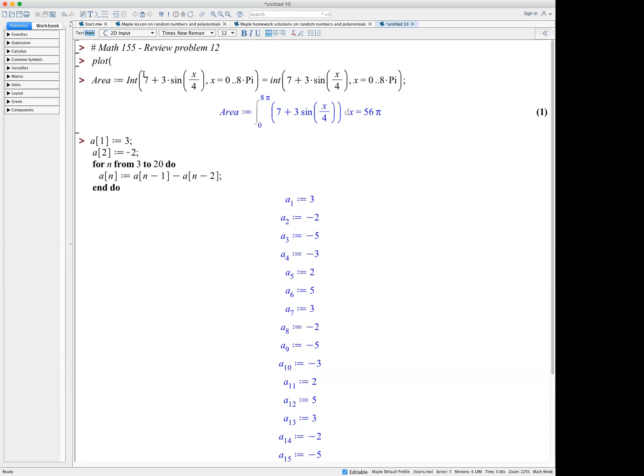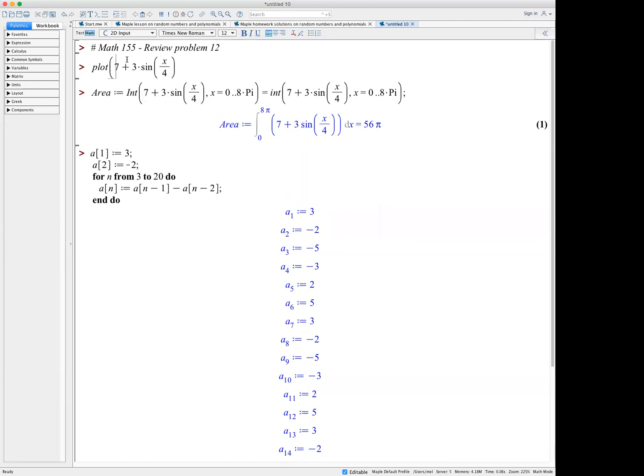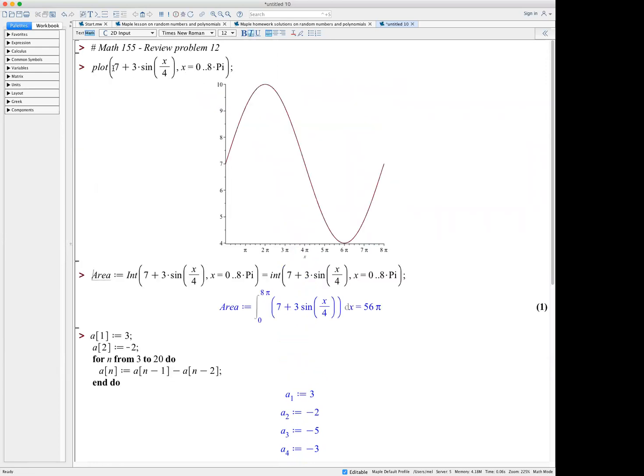If you plot this function, this is the function, and the area is the integral. So if you write down this, you have to get 56 pi.